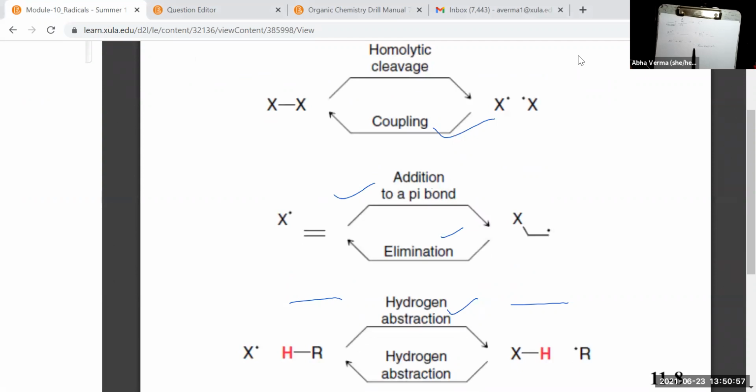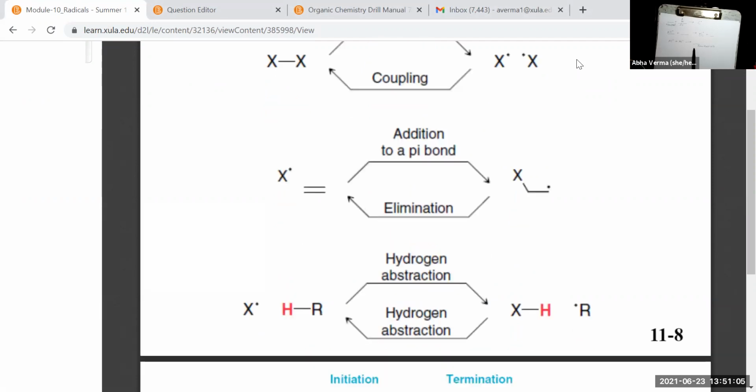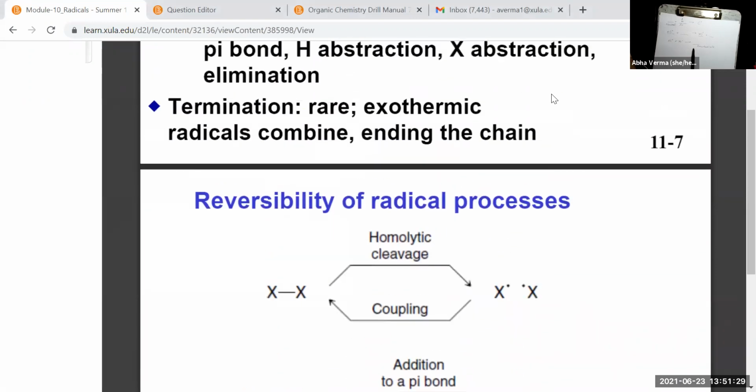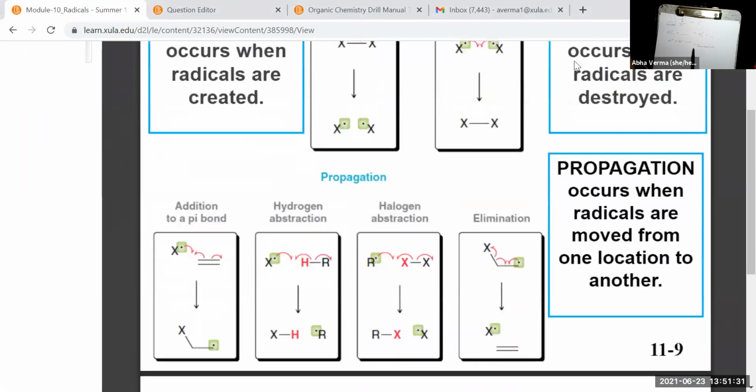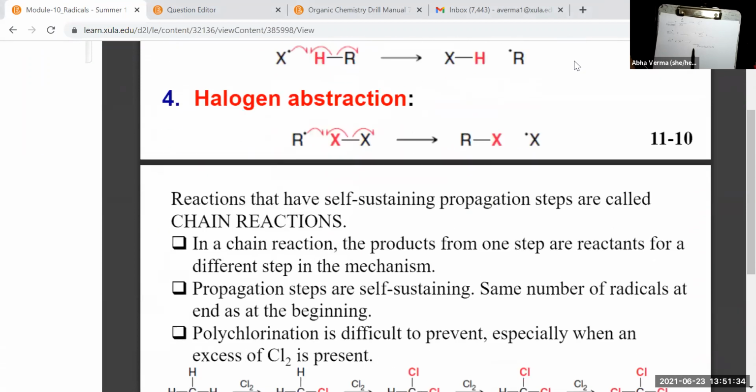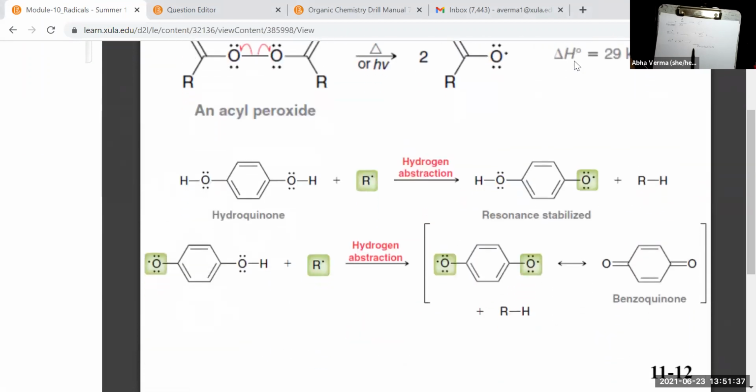And the hydrogen abstraction from an alkane group or by the alkyl. That is the only difference in here. So there are definitely reversibilities in our radical reactions. You need to understand and recognize these particular group arrows.